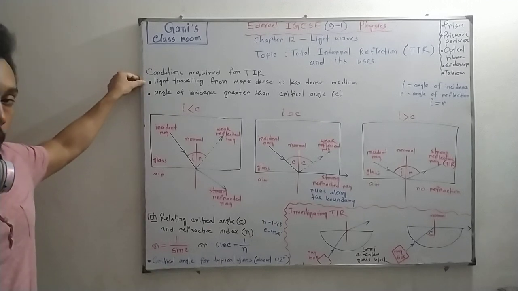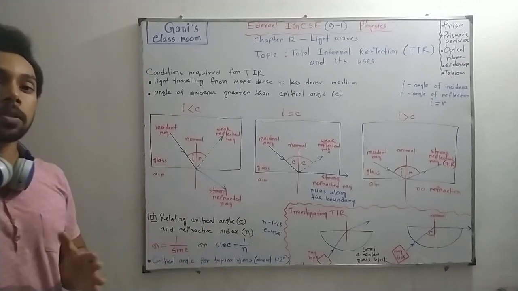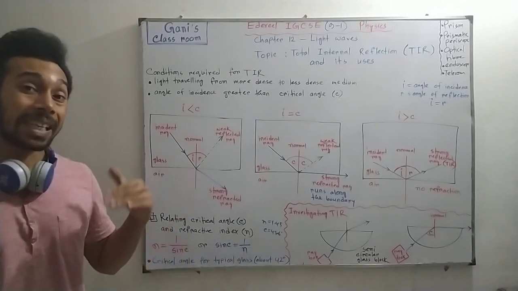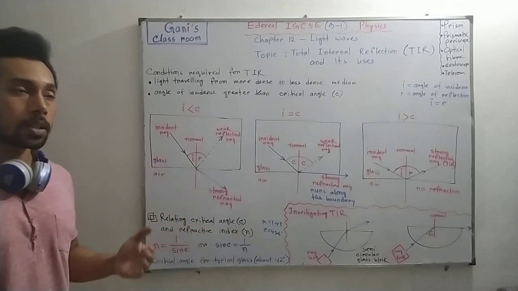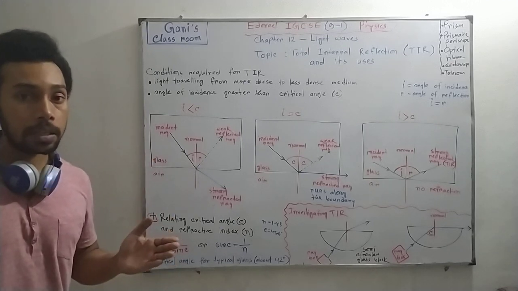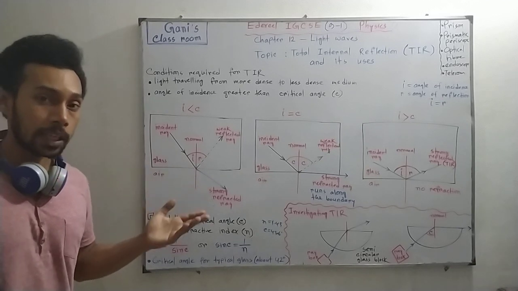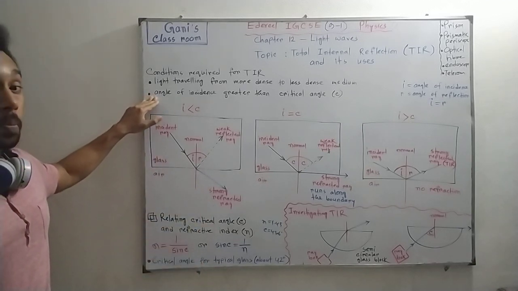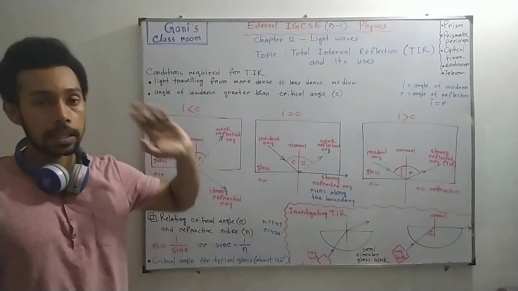The first one: light must travel from an optically more dense medium to an optically less dense medium, or we can say from a medium of higher refractive index to a medium of lower refractive index. And the angle of incidence must be greater than the critical angle.